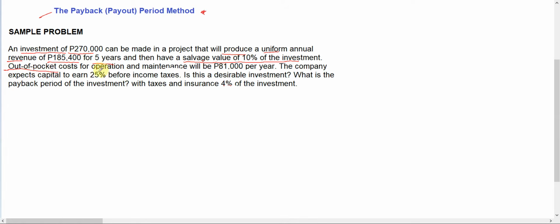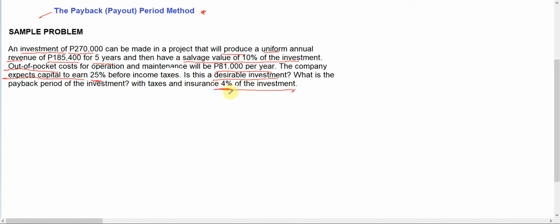Out-of-pocket cost for operation and maintenance will be 81,000 pesos per year. The company expects capital to earn 25% before income taxes. Is this a desirable investment? What is the payback period of the investment, with taxes and insurance of 4% of the investment?